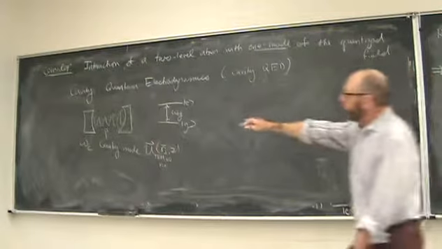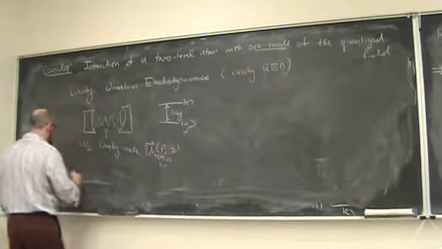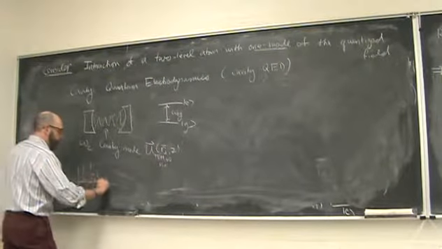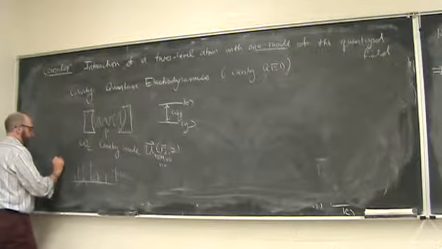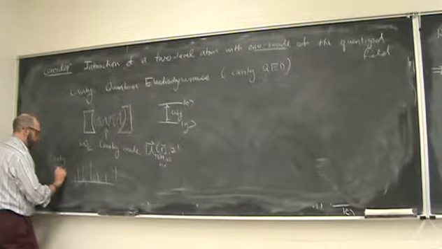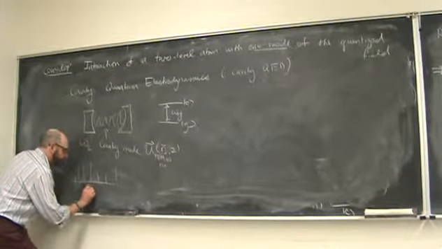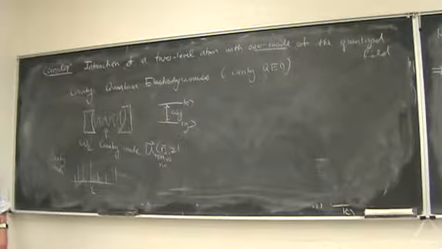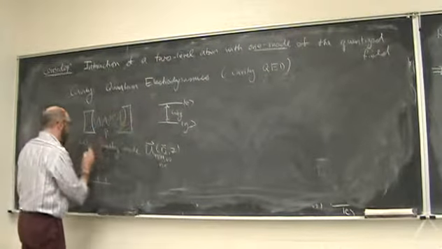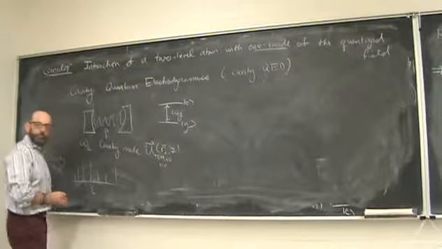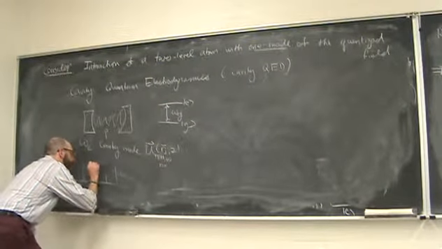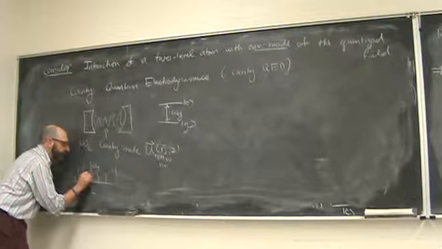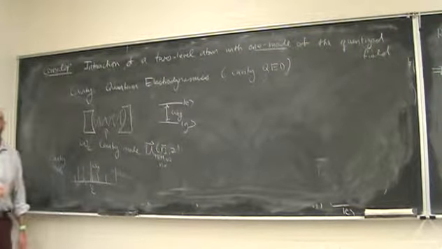So this laser cavity might have some spectrum of modes, spaced by some amount. So these are the cavity modes. And here's a particular one, omega c. If I tune this cavity such that the atomic resonance is very close to one of these modes.